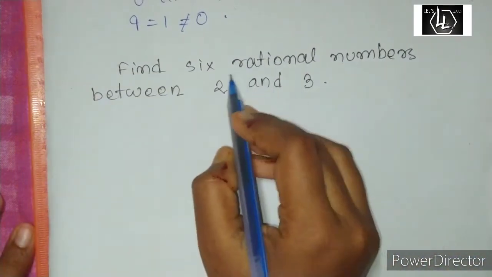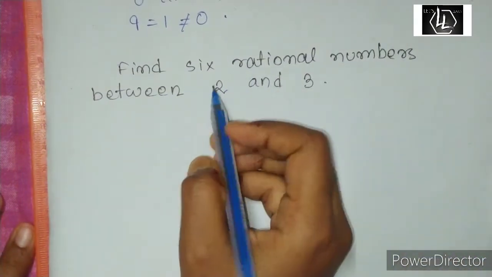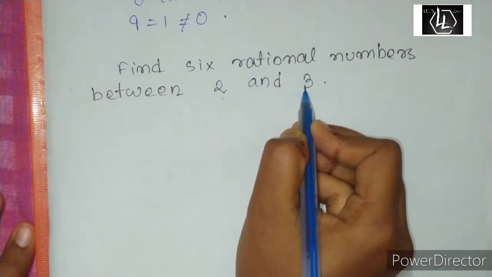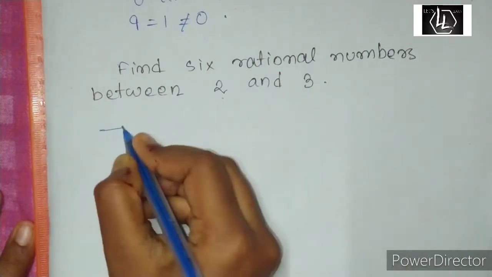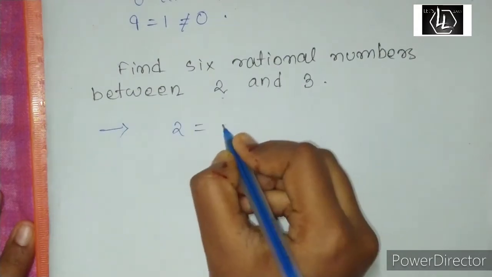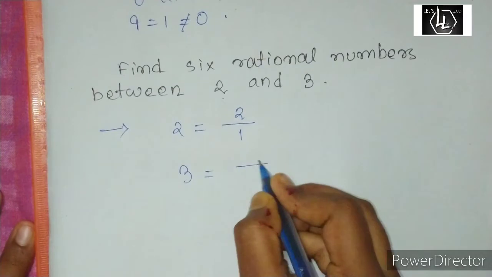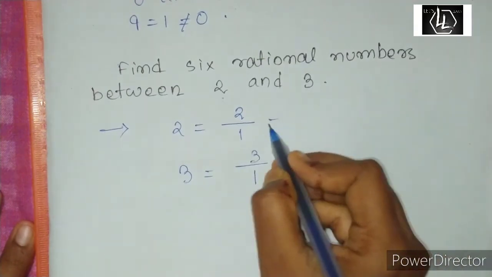Now to find 6 rational numbers, we have to express 2 and 3 as rational numbers also. So we can write 2 equals 2 by 1 and 3 equals 3 by 1.